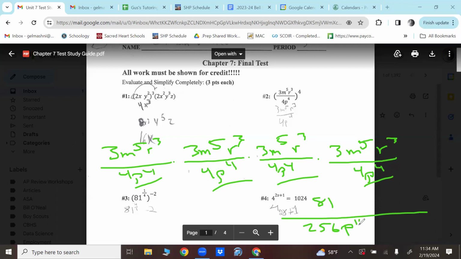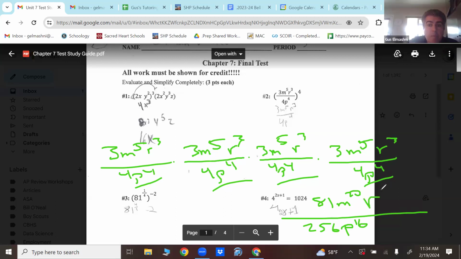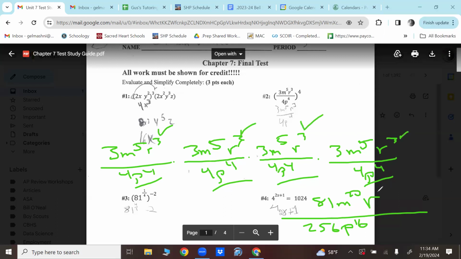Right. How about M5, M5, M5, M5? M20. Right. R3, R3, R3, R3 is R12. Right. And that's it. You're done.